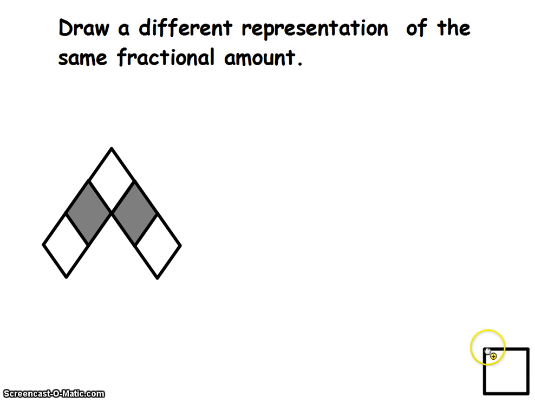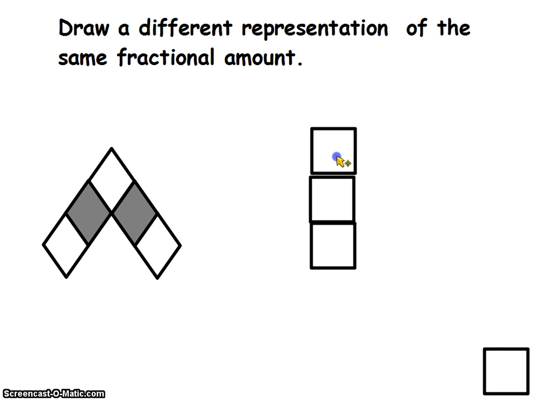Okay, how'd you do? You should have drawn some sort of shape that has 1, 2, 3, 4, 5 equal parts in it. So I'm going to use squares to show mine. 1, 2, 3, 4, and 5. And then you should have shaded in 2 of those to make it match.